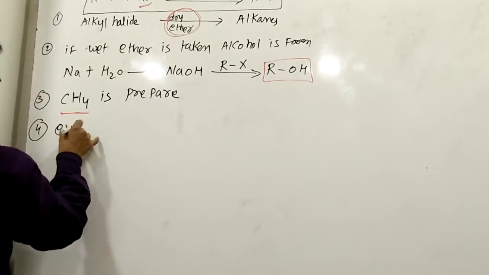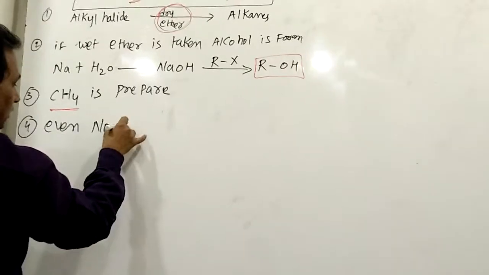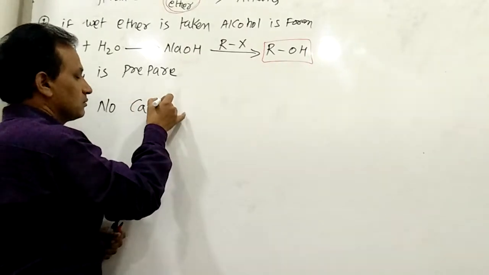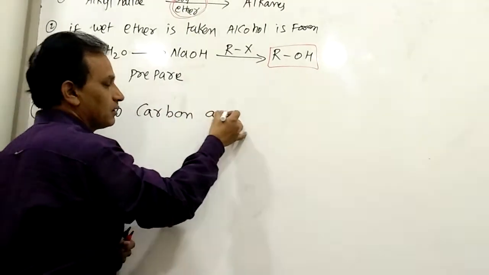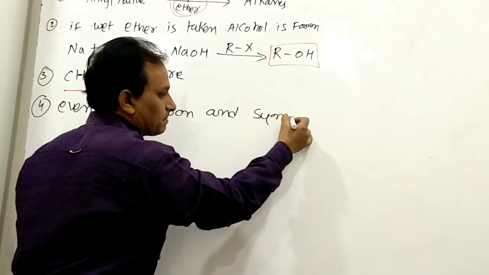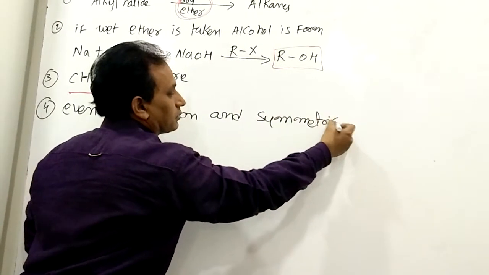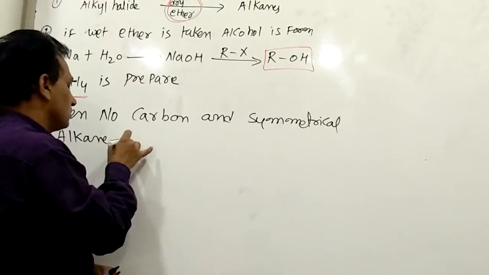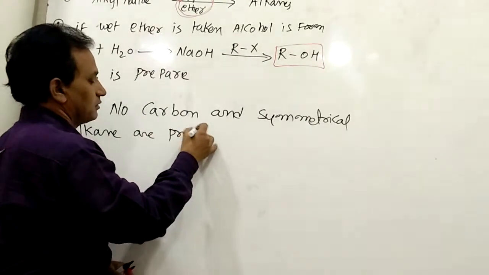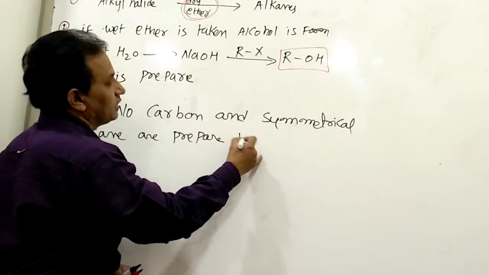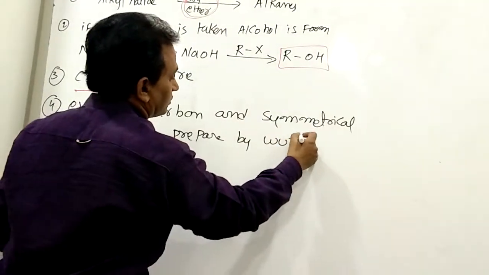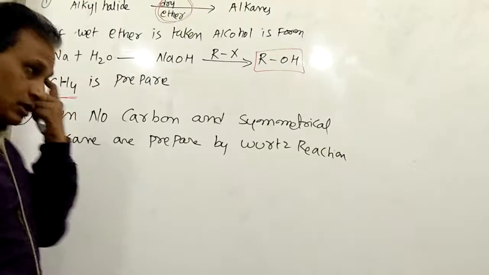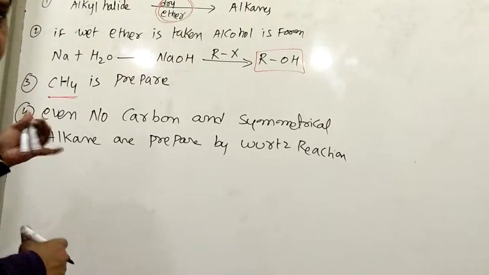Means alkanes with an even number of carbons, and symmetrical, are prepared by the Wurtz reaction. Unsymmetrical alkanes and odd-numbered alkanes are not prepared.